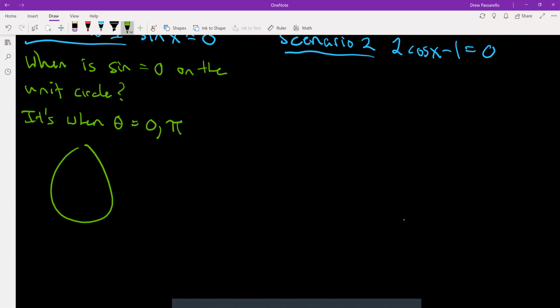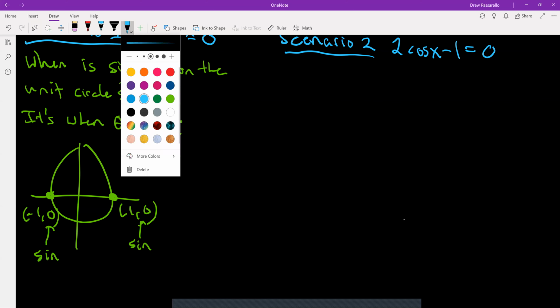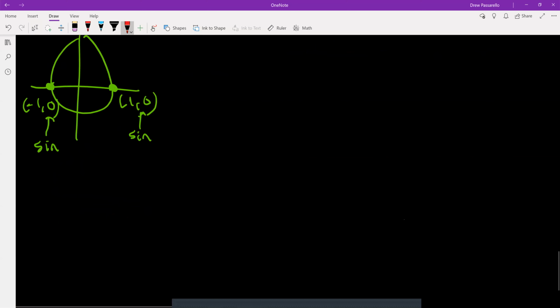All right, because I have a unit circle right here. That's going to have 1 comma 0. This one's negative 1 comma 0. Again, sine is the y coordinate. This is the same as if I were to take the inverse sine of both sides.